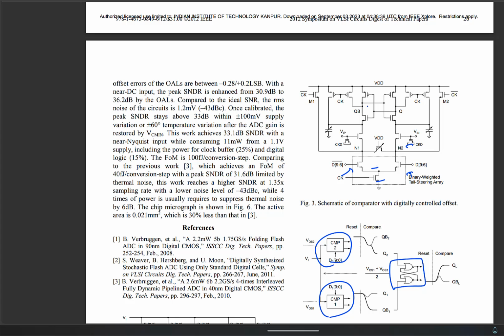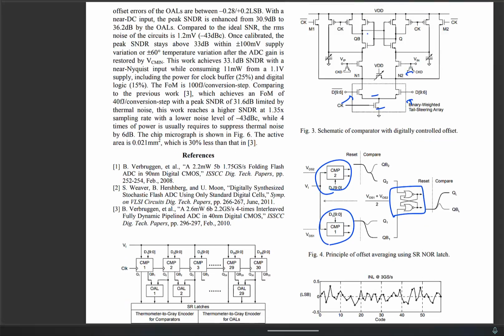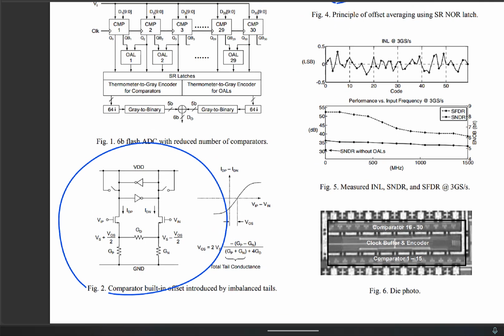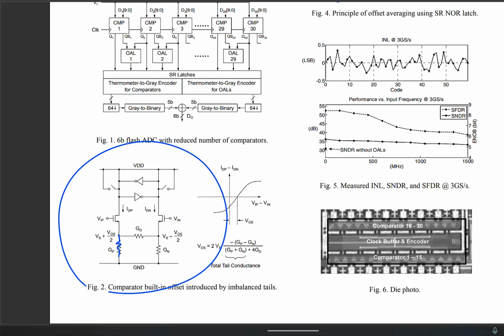So the effective equivalent of this is basically this. What they have done is added some resistance at the source, and if you recollect, in the last class I briefly mentioned that you are going to have offset in your latch. If you intentionally introduce an offset, you can approximately make the offset equal to the reference voltage needed in the flash. This way the comparator will compare the input with this reference voltage automatically. Okay. And that's exactly what they have done here.